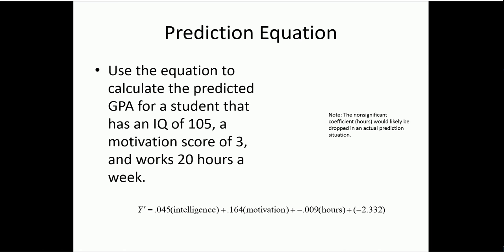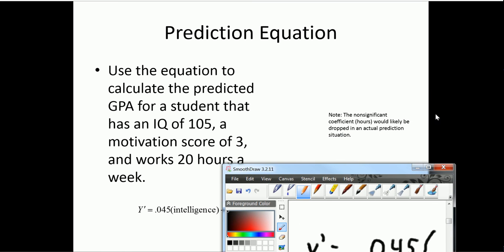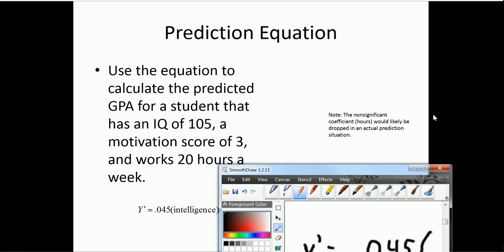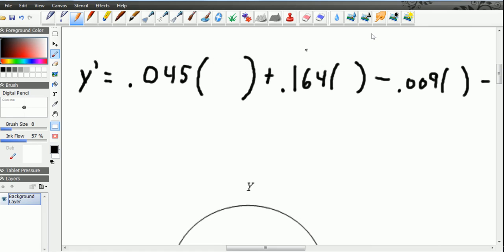Alright, so we could plug into the equation an IQ of 105, a motivation score of 3, and 20 hours worked per week. So we have the equation, coefficients. We're saying, okay, what's the estimated GPA for an IQ of 105?